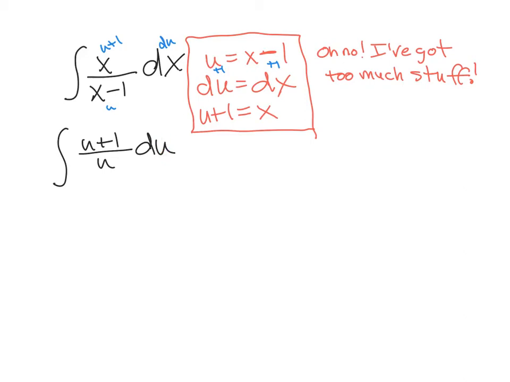Okay, so watch out. Now, in this case, by getting a single term in my denominator, I can say that everybody in the numerator is being divided by that term, or factor, in the denominator, and I can rewrite again saying that u divided by u is 1, and then I have plus 1 divided by u, 1 over u, and du is just du.